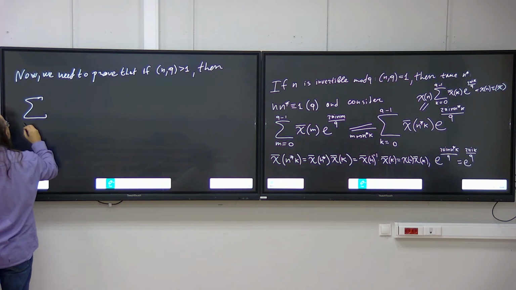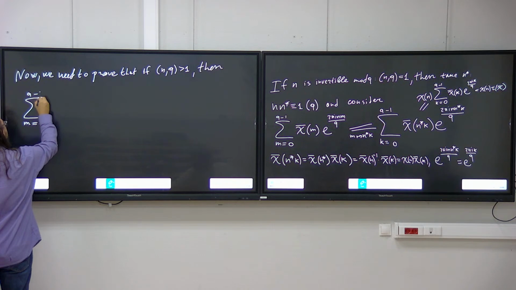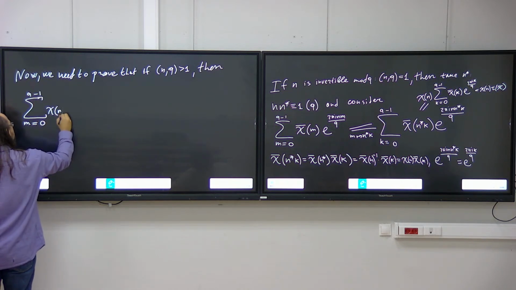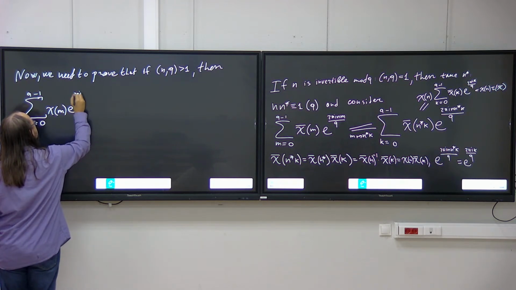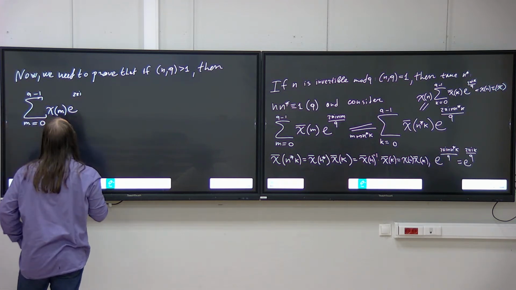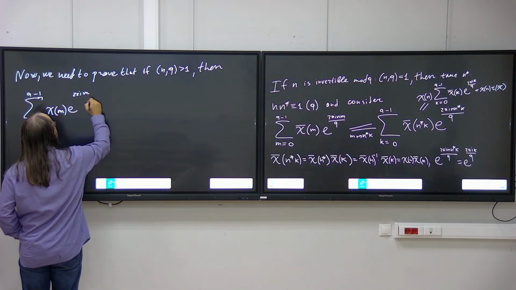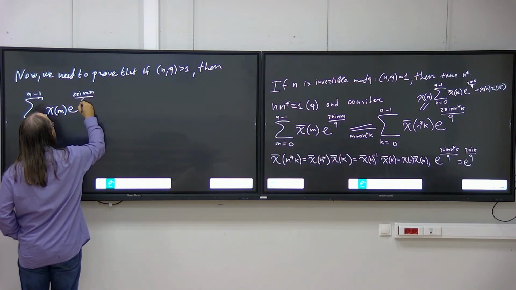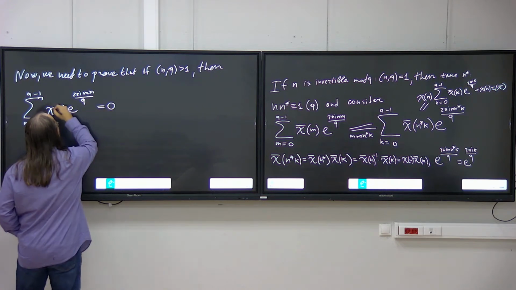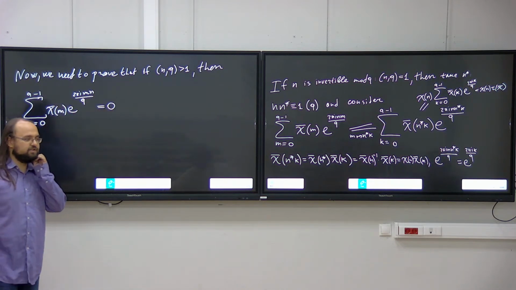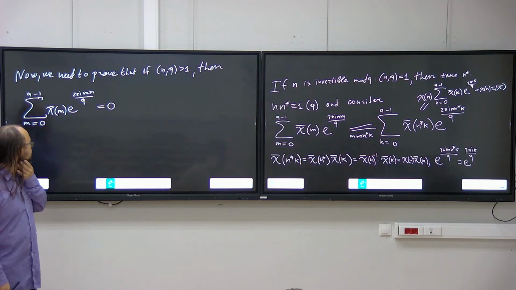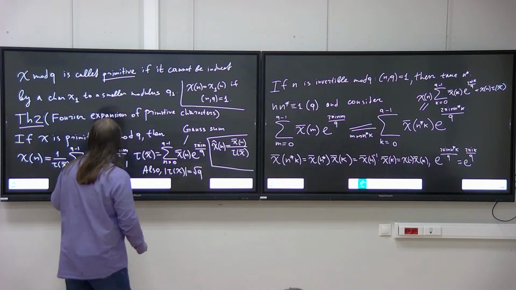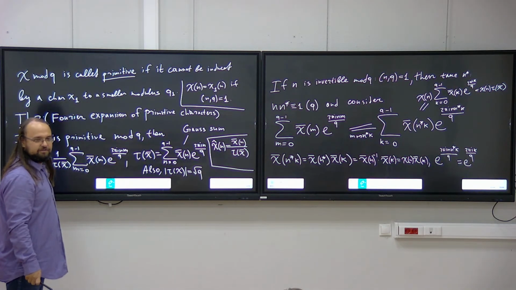Sum over all m from 0 to q minus 1 of chi bar of m, e to the power 2 pi i m n over q is equal to 0. Chi bar, sorry. Right? Because we have in our identity chi of n on the left.